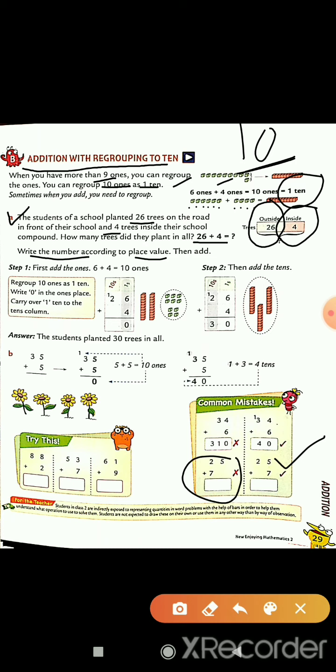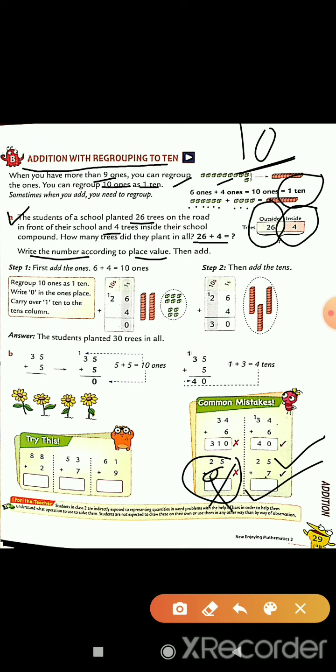The place value of 7 is 7, so it should be at the place of ones. So this is wrong. We need to write numbers according to their place value, like 7 should be written at the place of ones. Got it, students?